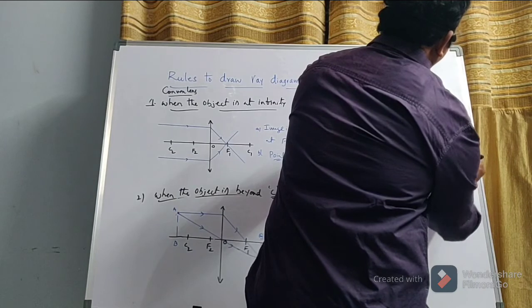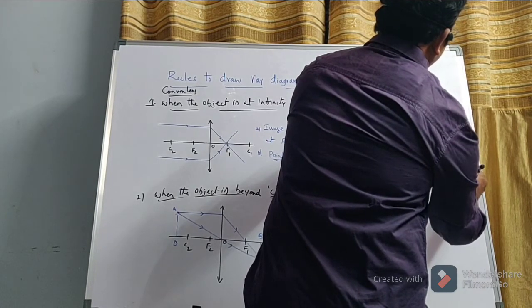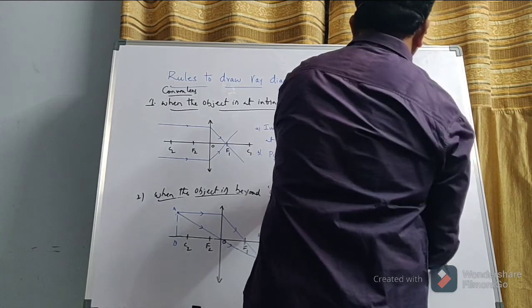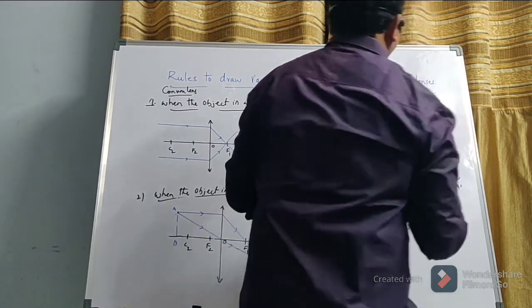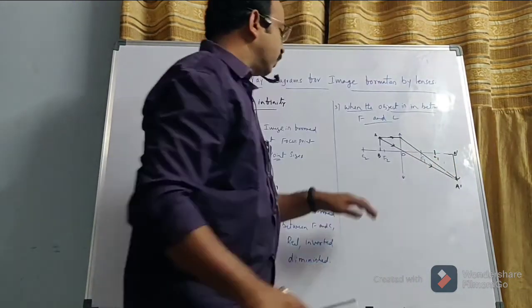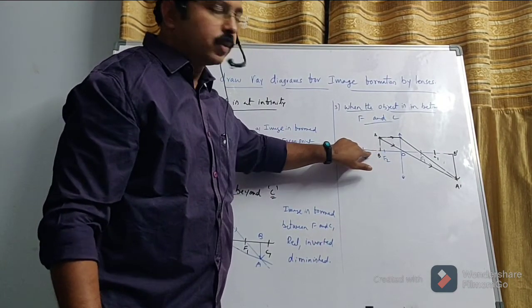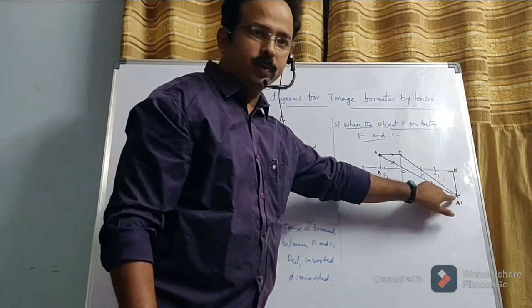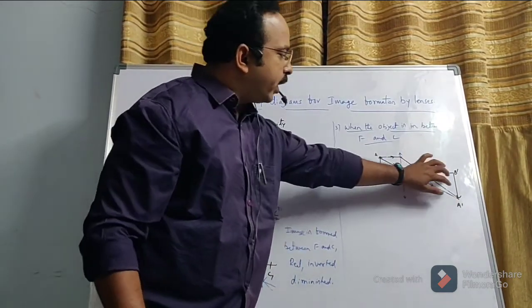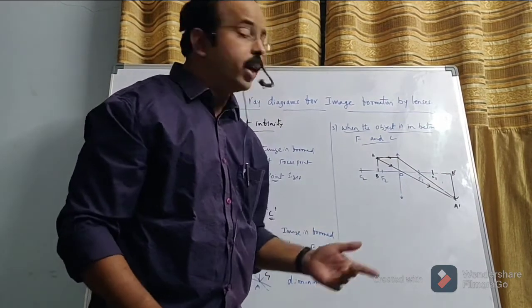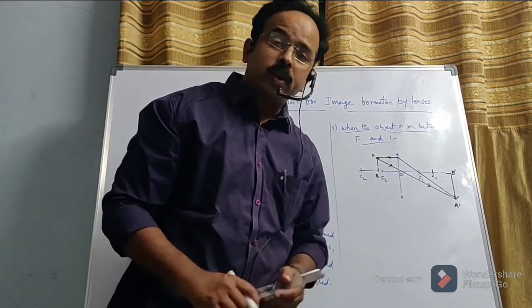Look here very carefully. This is called A dash, B dash. This is C1. So when we keep the object between F and C, the image is formed beyond C. That's very important. And it is enlarged, big in size: real, inverted and magnified. The image is formed beyond C. That's very, very important.